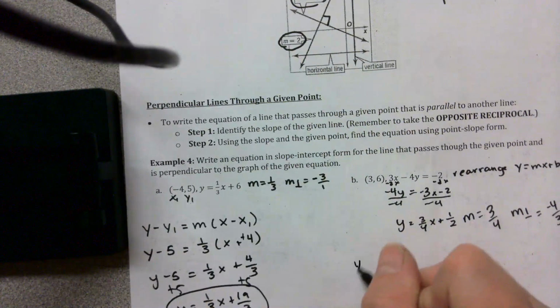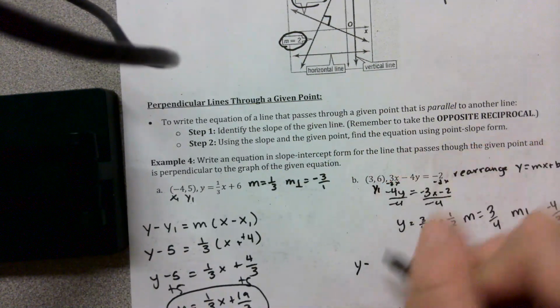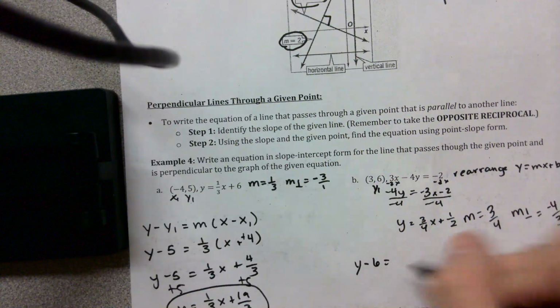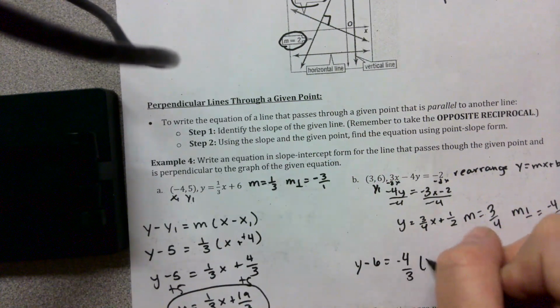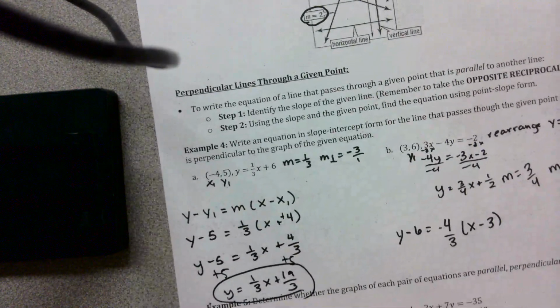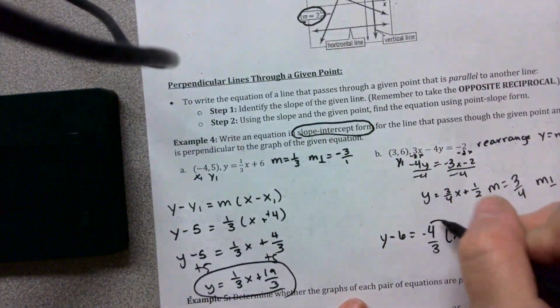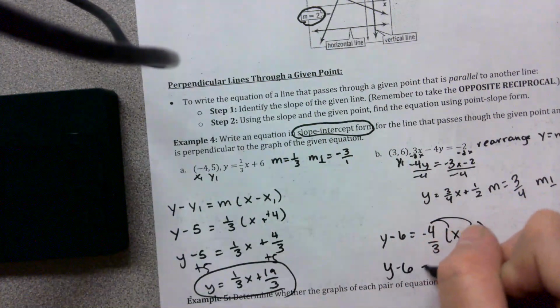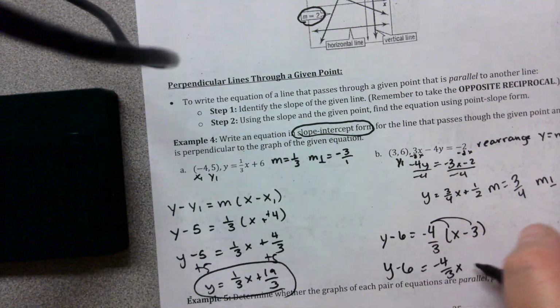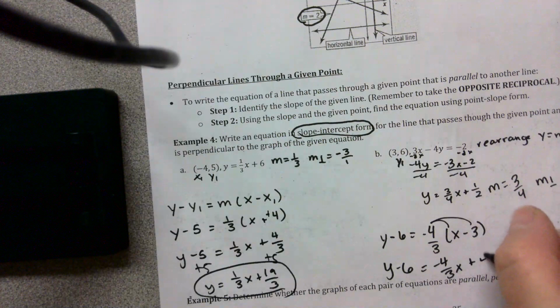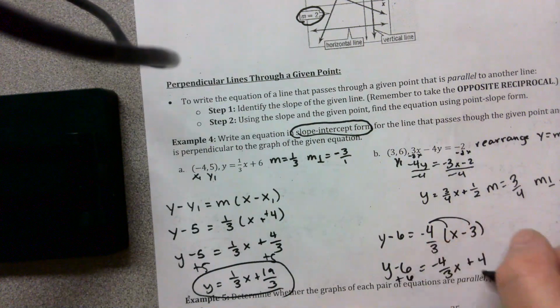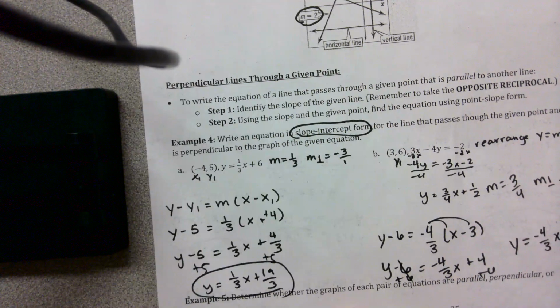So y minus y1 equals m times x minus x1. But it has to be in slope-intercept form. So we're going to rearrange. Add 6 to both sides. So y equals negative 4/3 x minus 2.